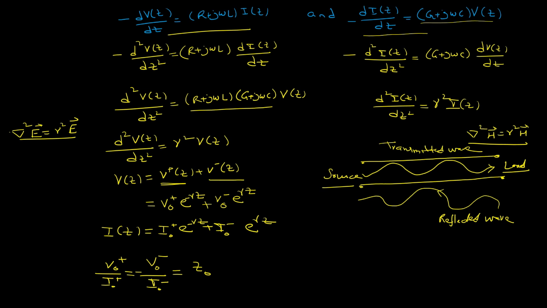So let us discuss. Let us say we have an infinitely long transmission line. This is a source, this is a pure connection here, and it has infinite length. So no reflected wave will be there, only the transmitted wave, okay.